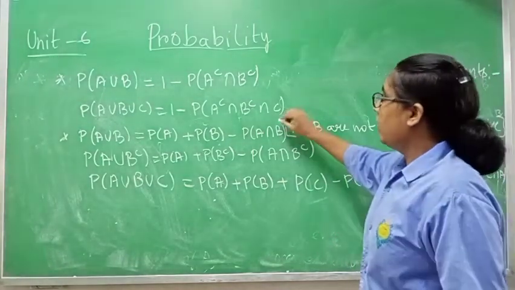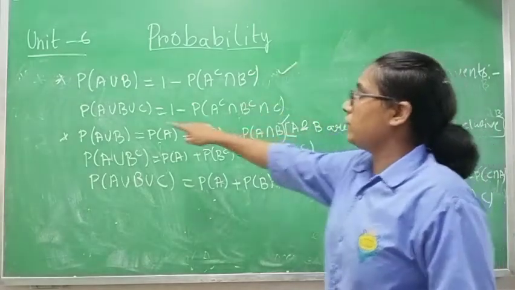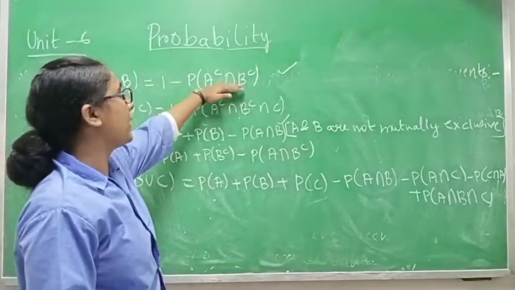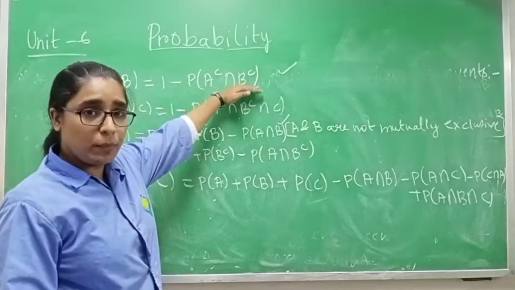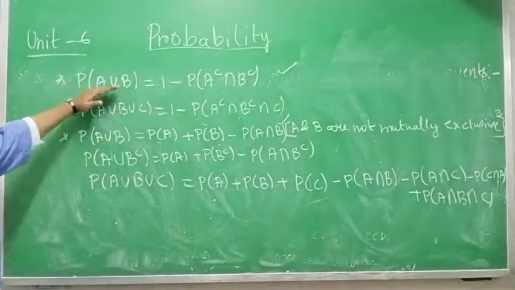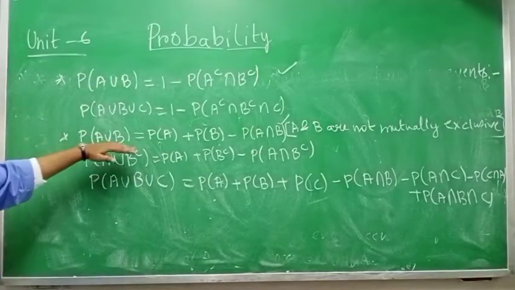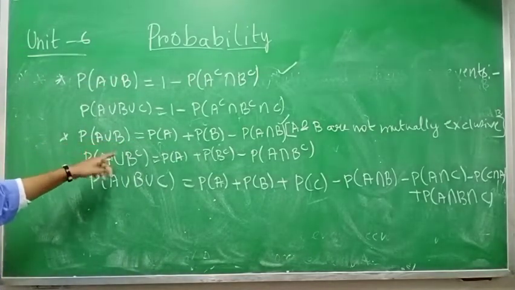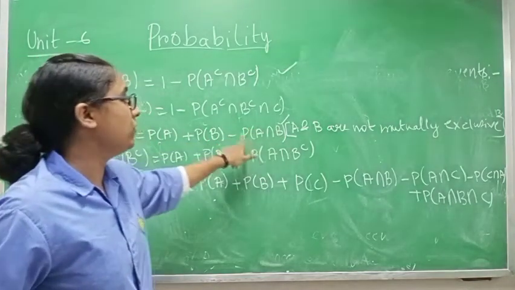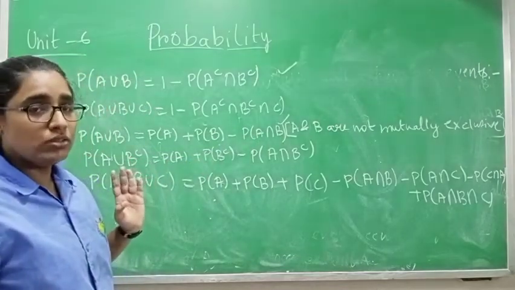Now you will say, ma'am, this one and this one are both the same, P(A union B) and P(A union B). But this one will apply when we have to find A complement intersection B complement, or this one is given to you and you have to find this one. And you will apply this one when P(A union B) may be given to you, P(A) is given, P(B) is given, and you have to find P(A intersection B).